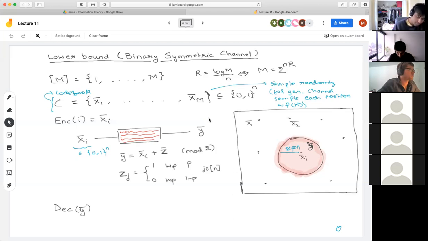So the decoding is as follows. Let me denote this distance as delta, the distance between xi bar and y bar, which is the number of positions in which they are unequal, the Hamming distance.